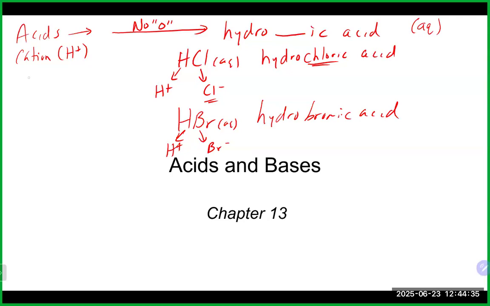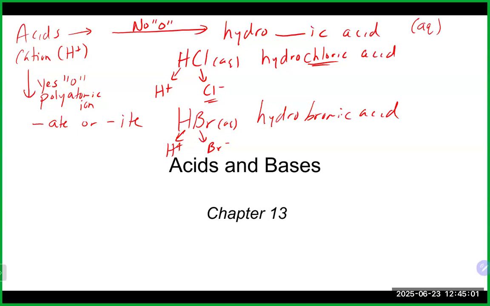Now, if it does have oxygen, it will contain everybody's favorite thing, a polyatomic ion would most likely be in there. And if it does contain oxygen and it is an acid, it is sometimes referred to as an oxyacid because it has oxygen in it. And if you remember, those polyatomic ions end in one of two ways, either ate or ite.